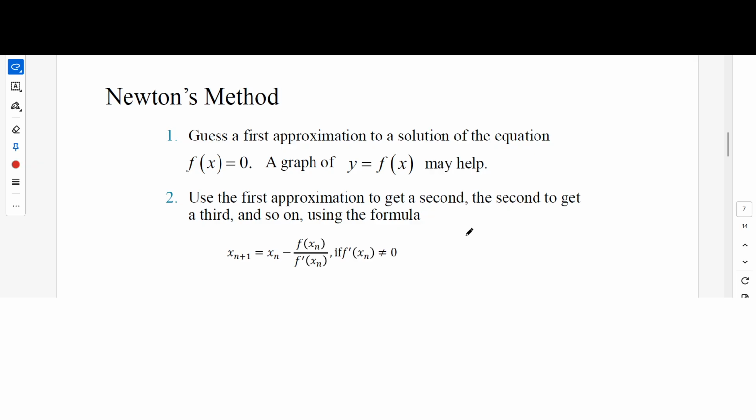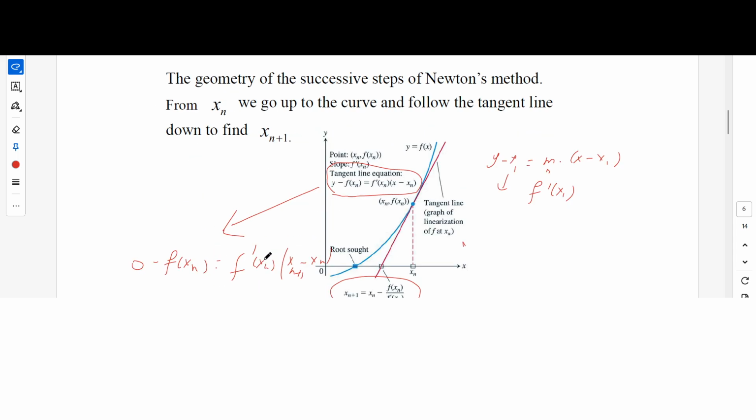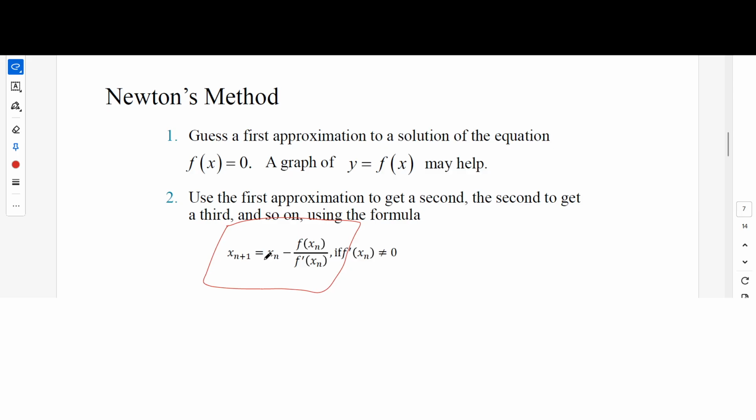Guess a first approximation to a solution of the equation, and sometimes the graph might help, or sometimes you already know some of the values. And then use the formula for finding the next point based on that guess. This formula we derived from that process is called Newton's method. Okay.